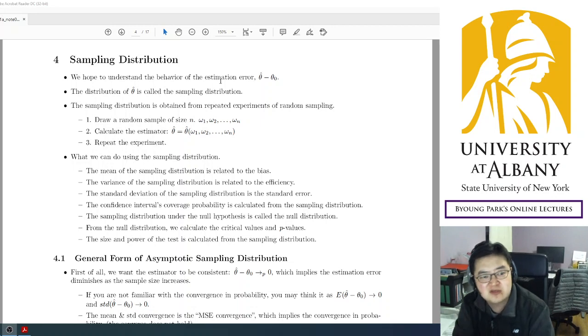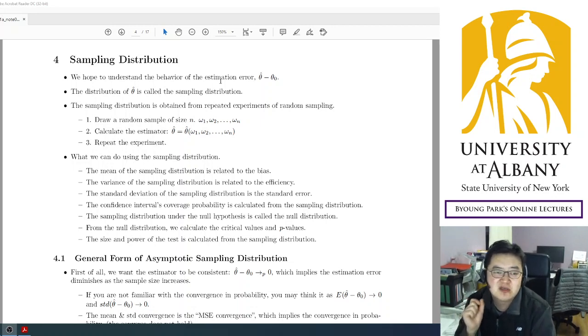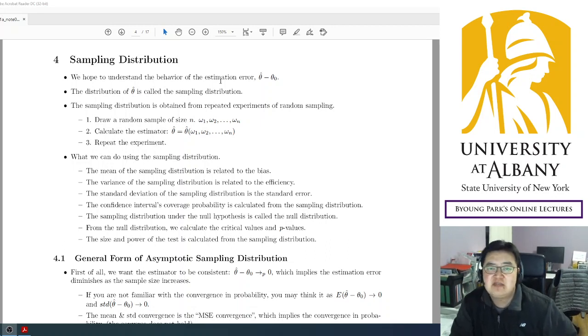Now I'm going to consider a very special experiment. A statistician's job, for example: I would like to estimate the mean, the average, of UAlbany students' GPA. What I can do is randomly choose 100 students from the university database, suppose that I can access the database.